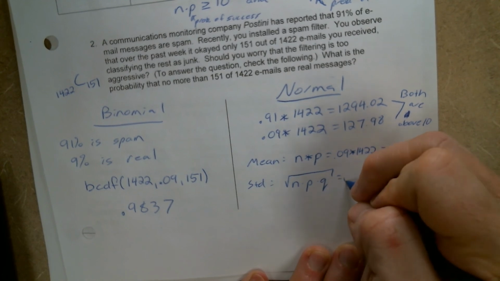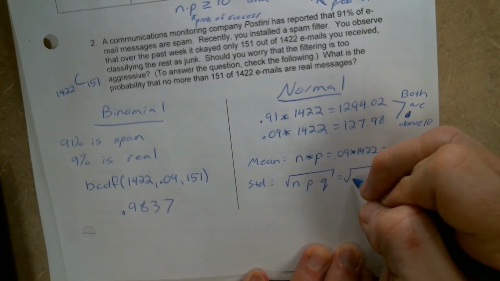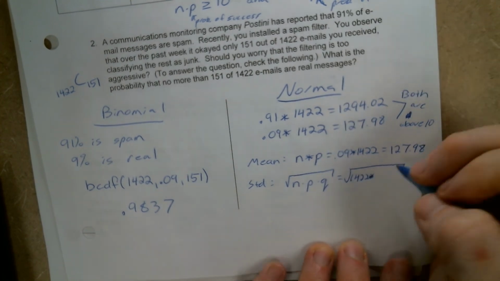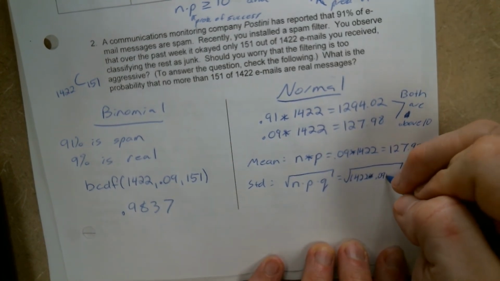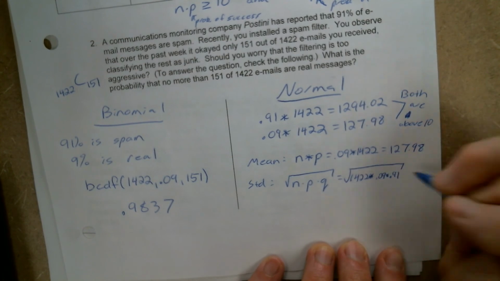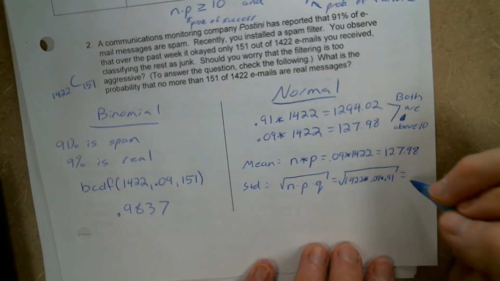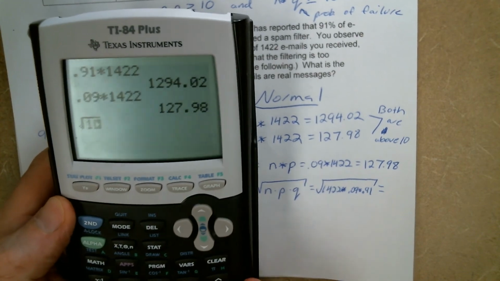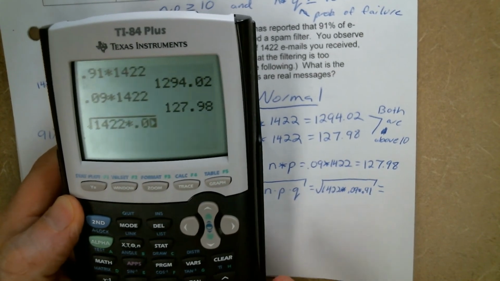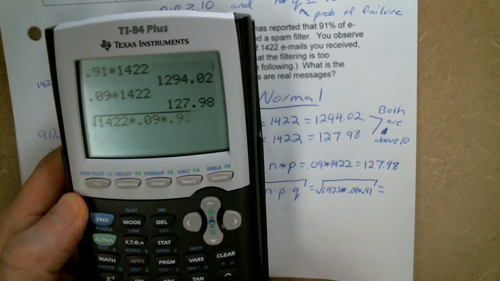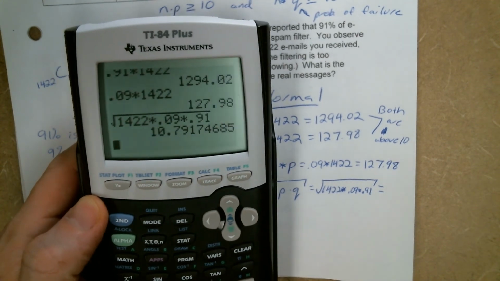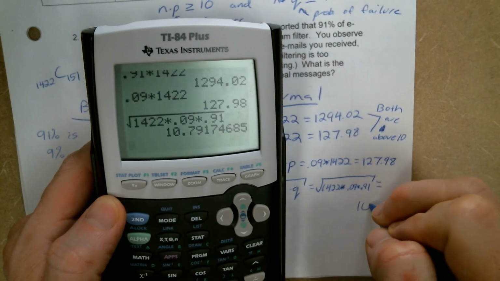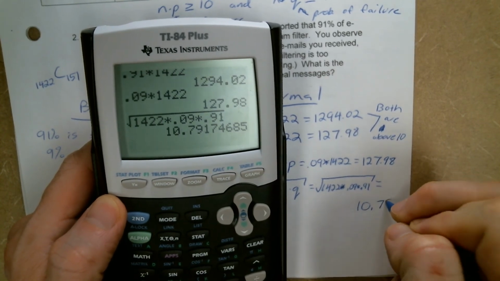And then for the standard deviation, it's 1422 times 0.09 times 0.91, and if we take the square root of that, we're going to get 10.79.